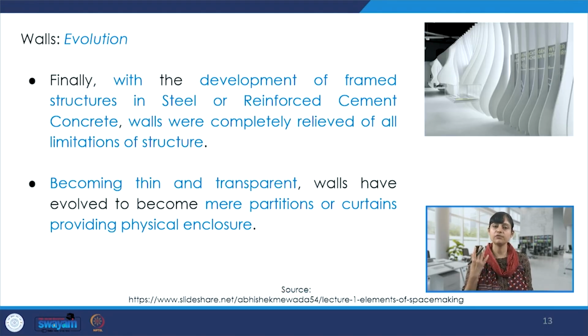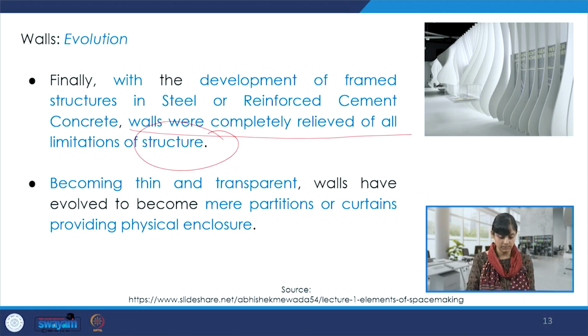Also with the development of frame structures in steel or RCC, now the walls, they could completely be relieved of all limitations as far as structure is concerned. Becoming thin and transparent is also becoming very common, and now walls have evolved even to become mere partitions or curtains, and they provide physical enclosure while doing so.